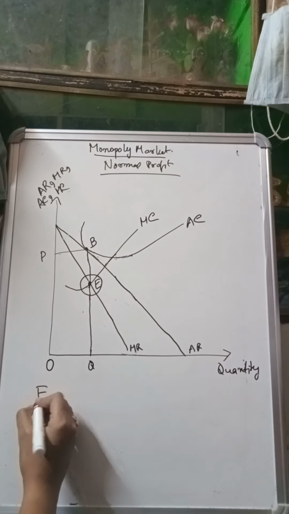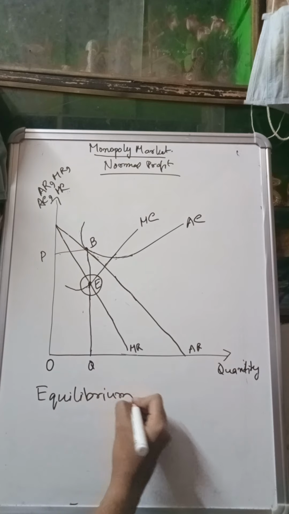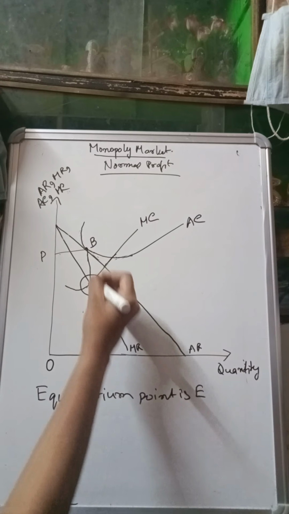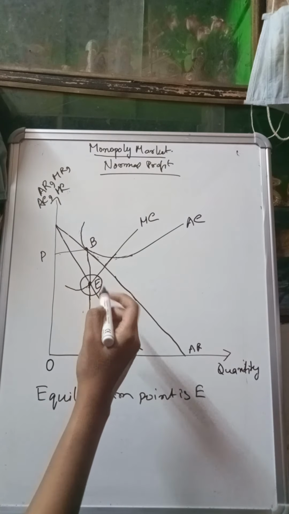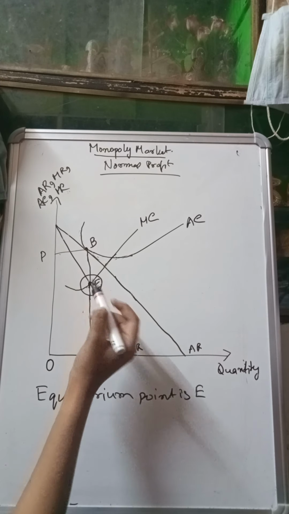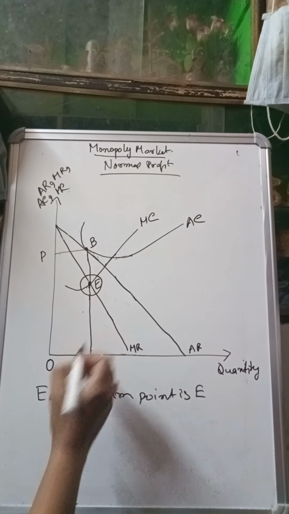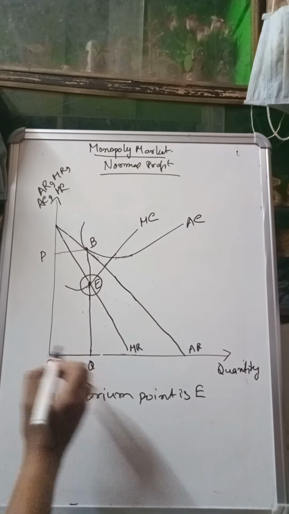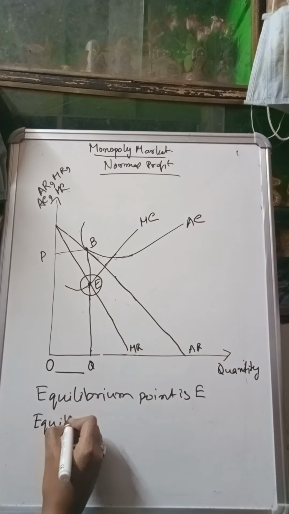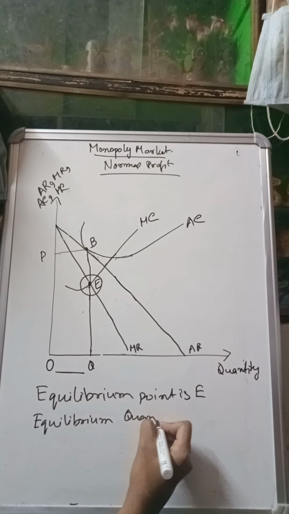Now corresponding to this equilibrium point E, my equilibrium quantity is how much? If I produce this line downwards, I can see that my equilibrium quantity is nothing but OQ.